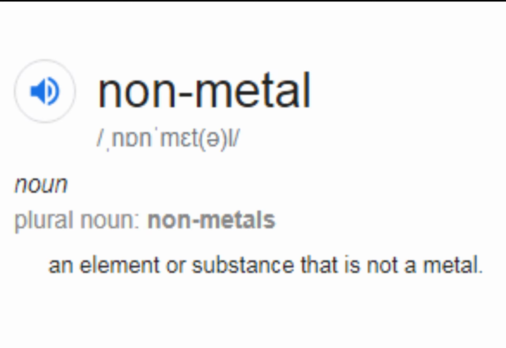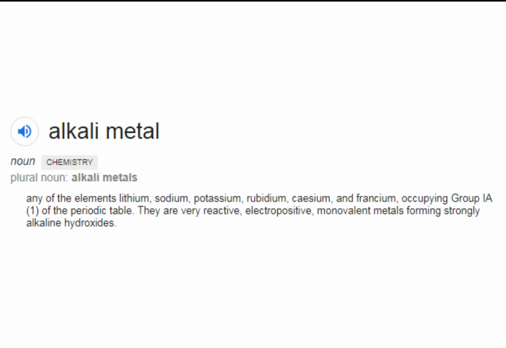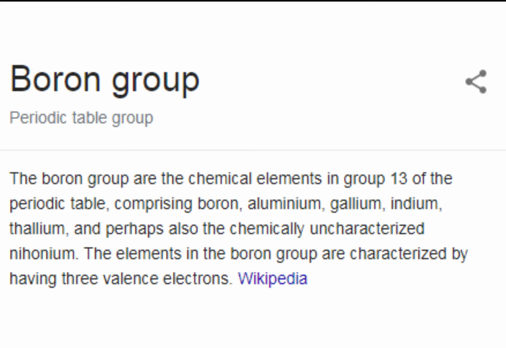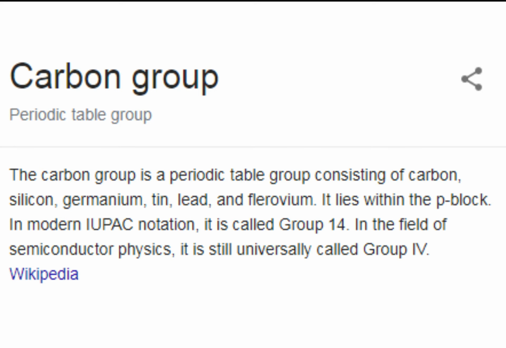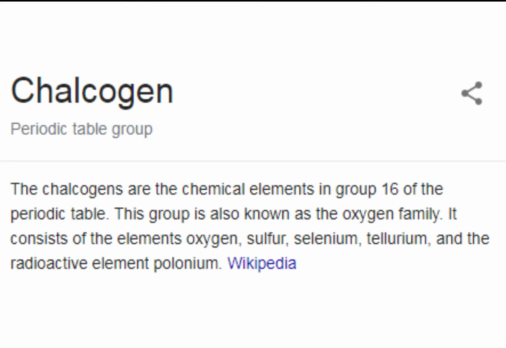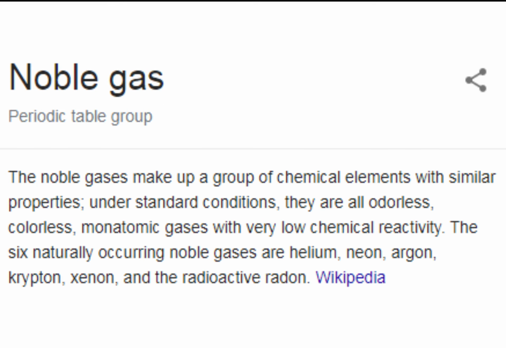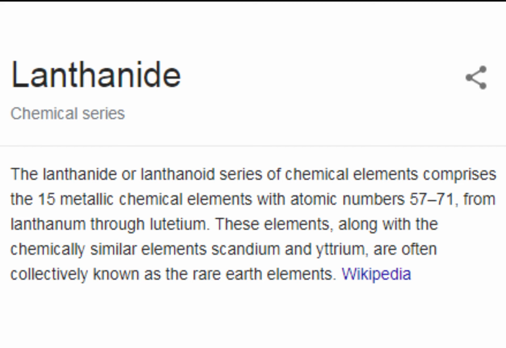Those being metals, metalloids, and nonmetals, alkali metals, alkali earth metals, transition metals, the boron family, the carbon family, the nitrogen family, the oxygen family, the halogen family, noble gases, the lanthanide series, and actinide series.